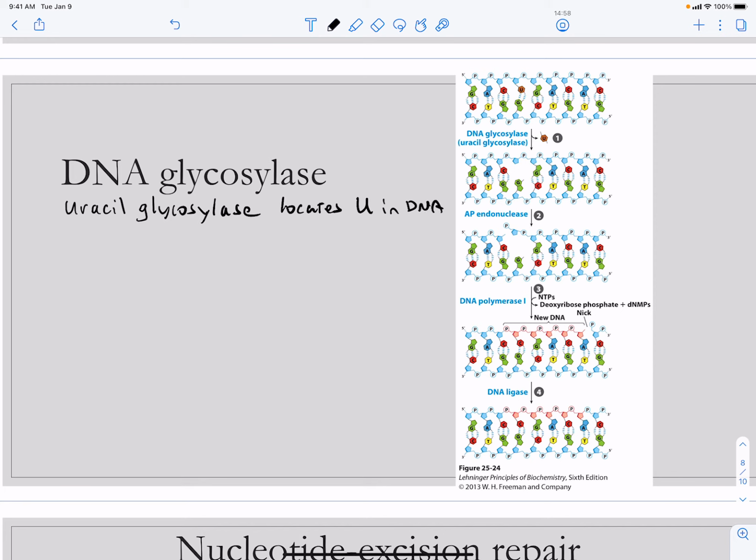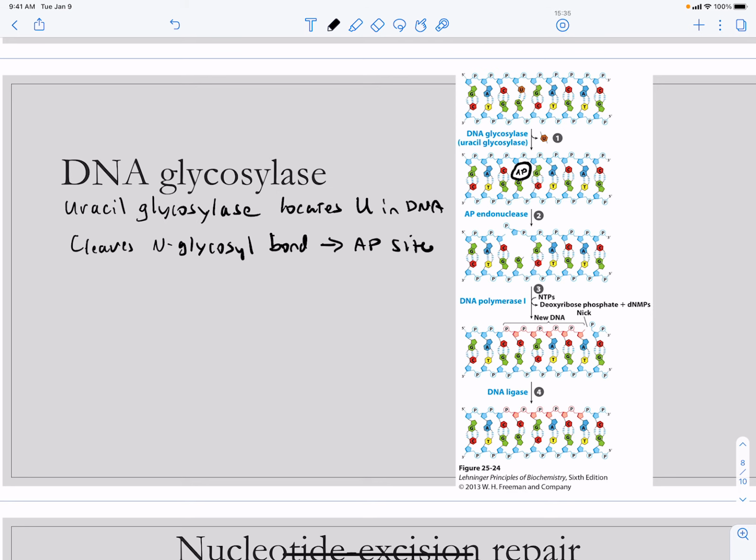And then it's going to cleave the N-glycosyl bond to generate an apyrimidinic site. So we get that AP site. So again, here's the AP site. And so there's a base missing. So it's absent of the base.